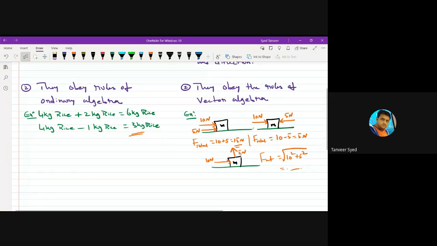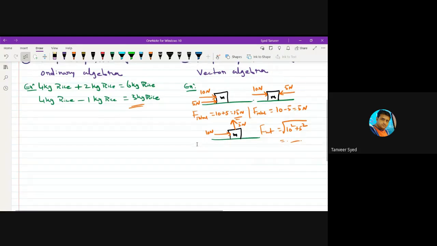We have taken examples already yesterday, but I will just repeat them here. Some common scalar quantities: mass is a scalar quantity, time is a scalar quantity, distance is a scalar quantity, speed is a scalar quantity, energy is a scalar quantity.